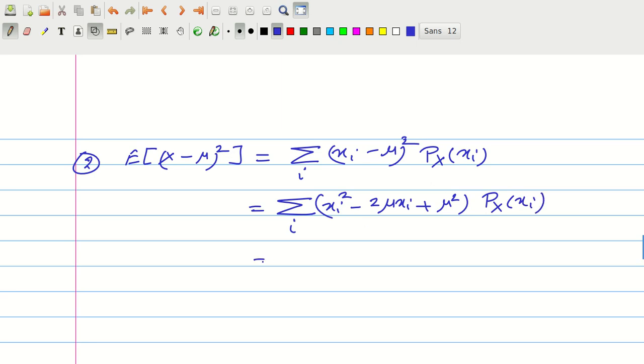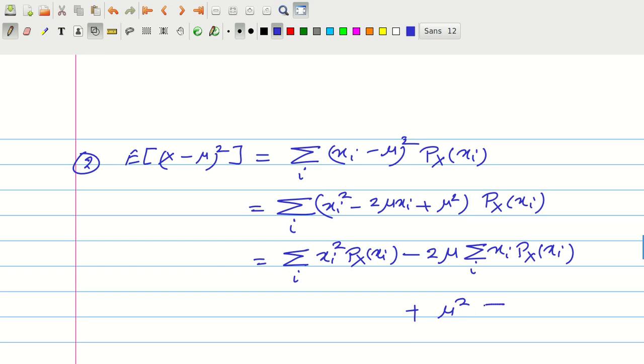Now this can be written in three separate summations as summation over all i of xi squared px of xi minus 2 mu times summation over all i of xi px of xi, and finally plus mu square summation over all i of px of xi.